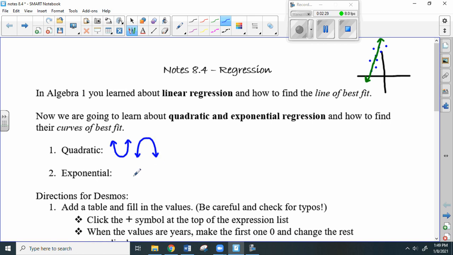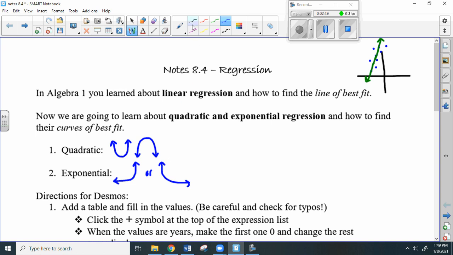But exponential is one of the newest curves that we just learned about. We either start kind of small and then shoot up really sharply, or we start really big and then we kind of flatten out. It's not both, it's one or the other.